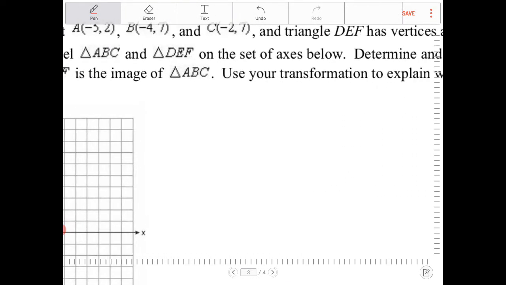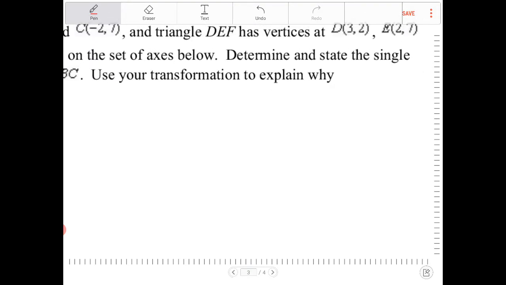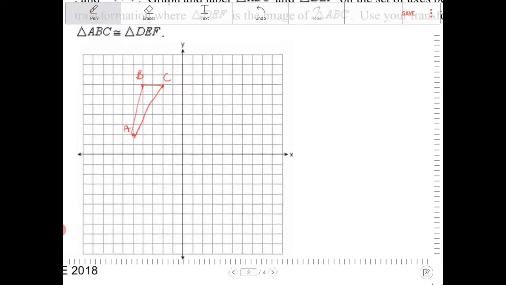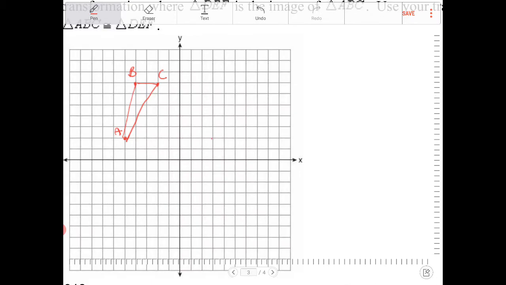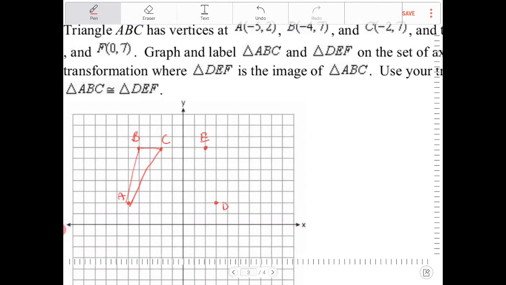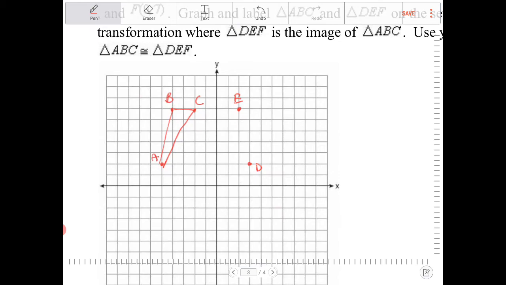Let's now graph DEF. D is 3, comma 2. E is 2, comma 7. And F is 0, comma 7.